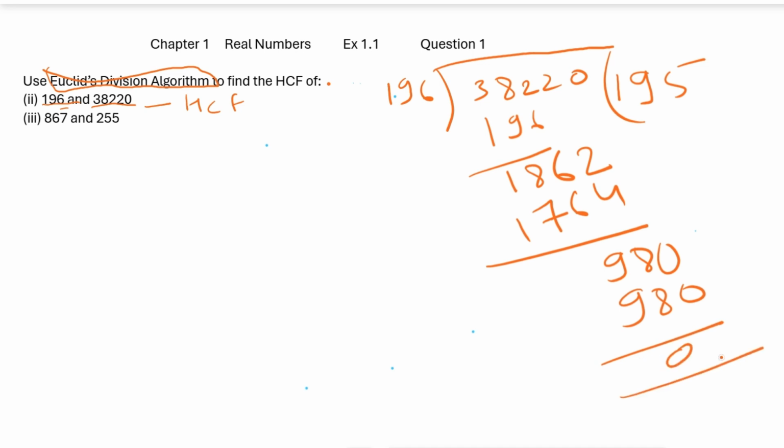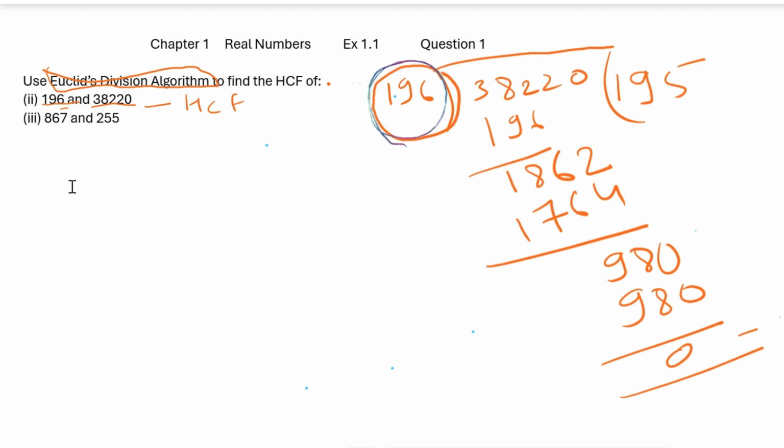So in first division itself we got 0 as a remainder, so we can say that this 196 is the HCF.